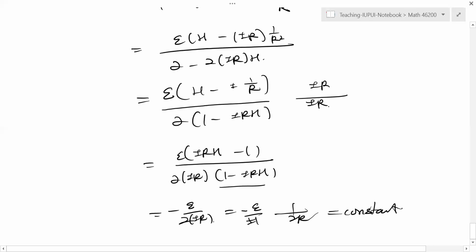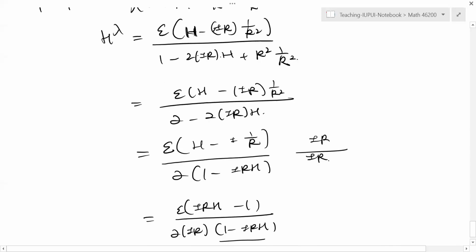Now, it depends. If I choose epsilon to be plus minus 1, so let's go back.